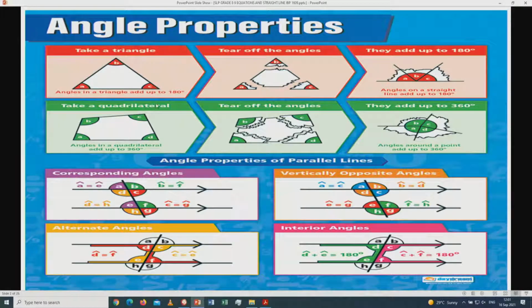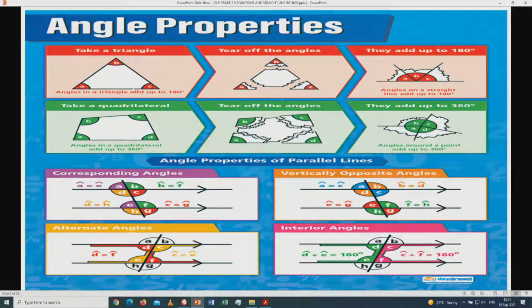Remember what we said: a quadrilateral is a four-sided figure, 1, 2, 3, 4, and has 4 angles. A triangle is a 3-sided figure, 1, 2, 3, and has 3 angles. When you take all these angles and put them around a point, they will give you 360 around a point, which is called a revolution. That's what we already know.